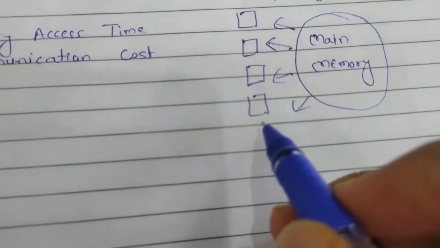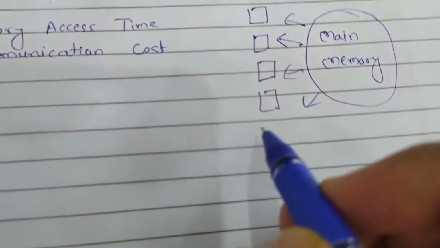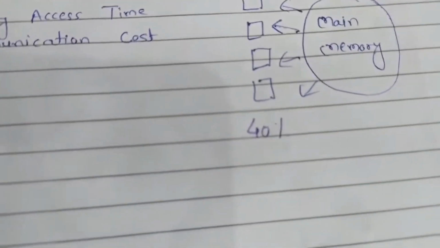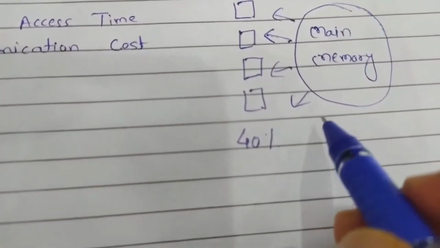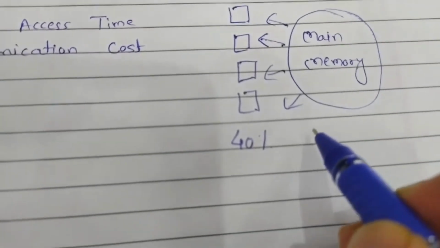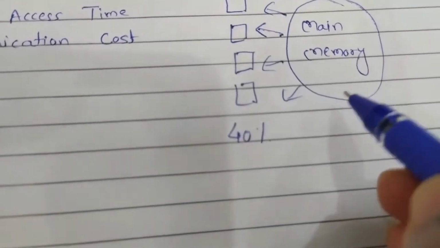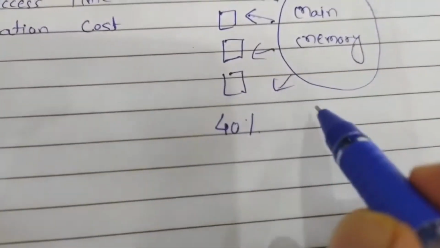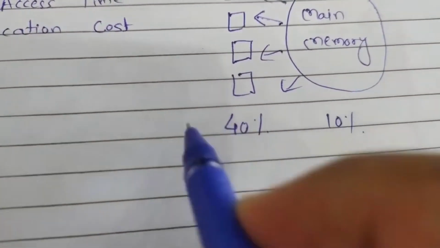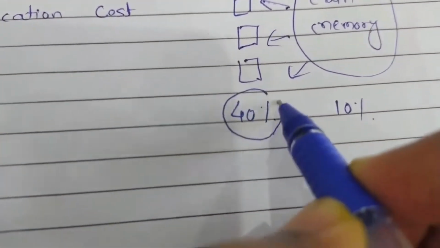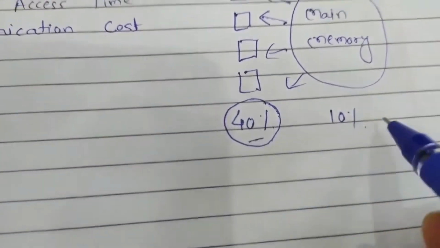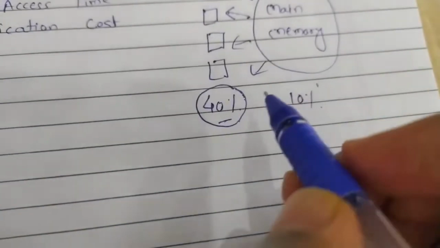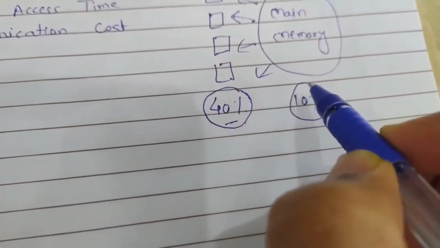One study says processor speed is increasing by 40%, while memory access time is reduced by only 10%. In other words, the speed of memory is increasing by only 10%. So though processor speed is increasing by 40%, memory speed is increasing by only 10%. That is one limitation.